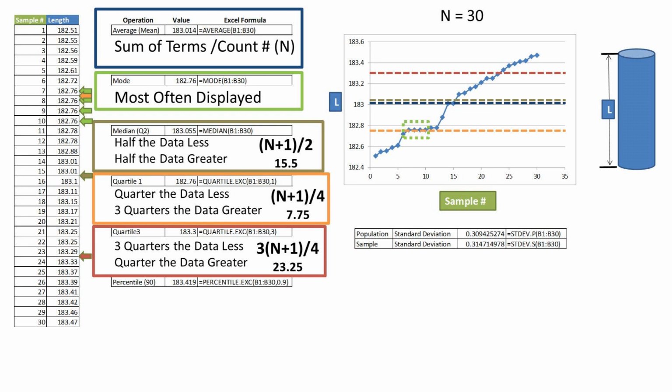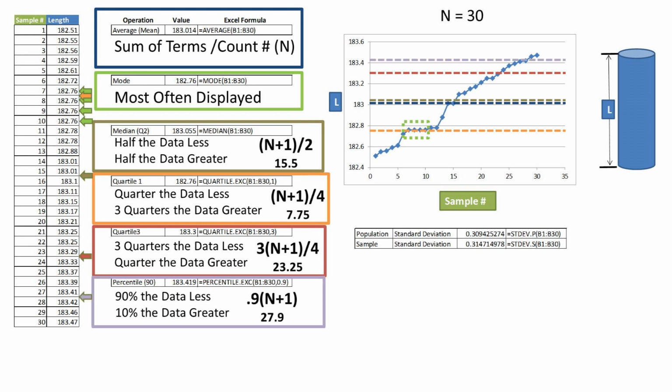The Excel formula is equals quartile, the range of the data, and a 3 for the third quartile. Excel interpolates or does a weighted value and came up with a value of 183.3. But once again, you could just take the average of the two values and most professors or teachers would be happy with that.